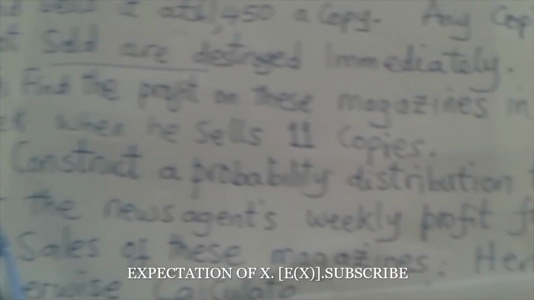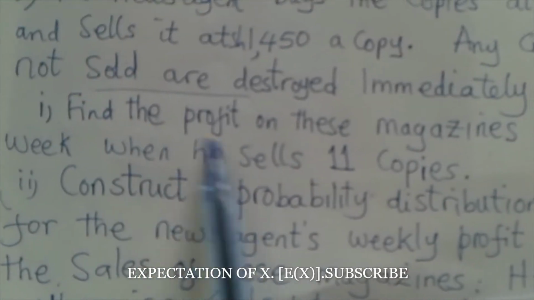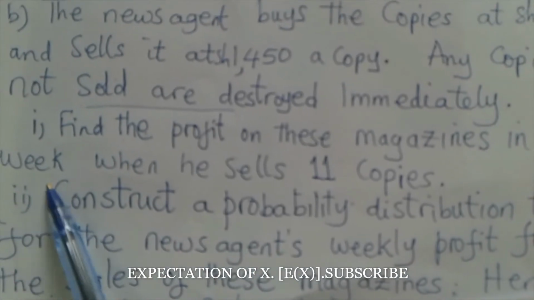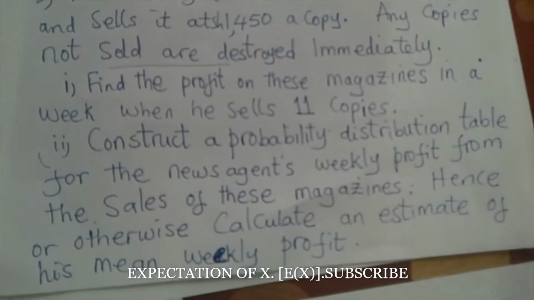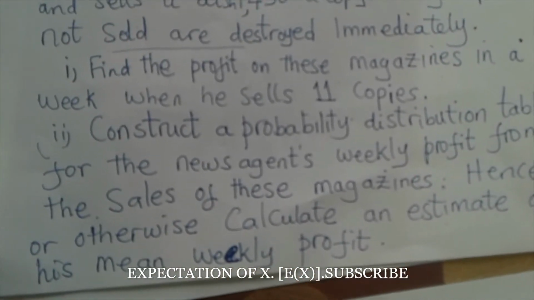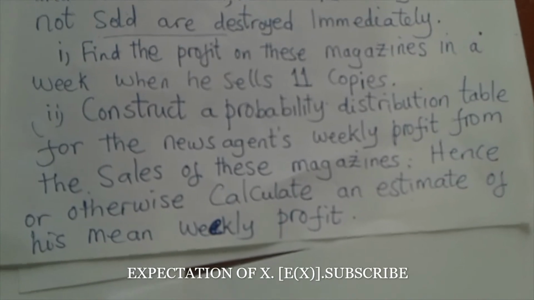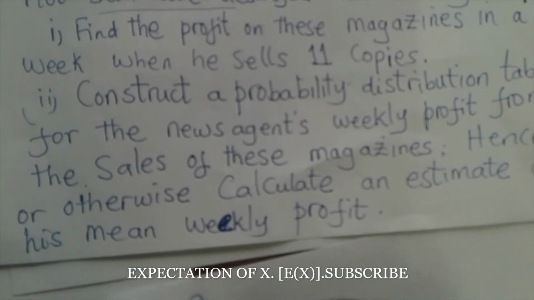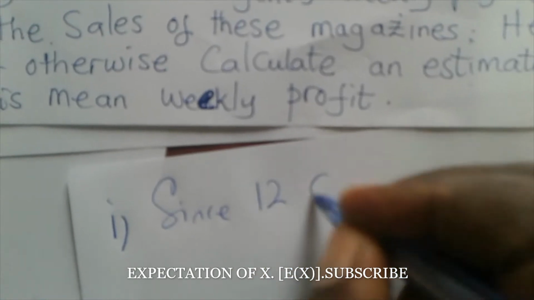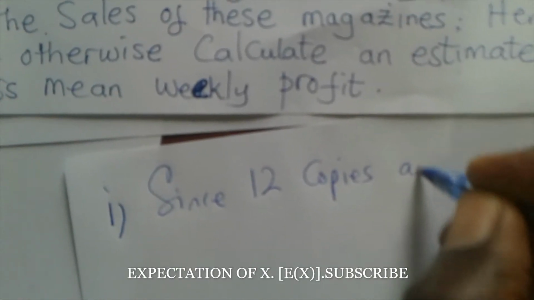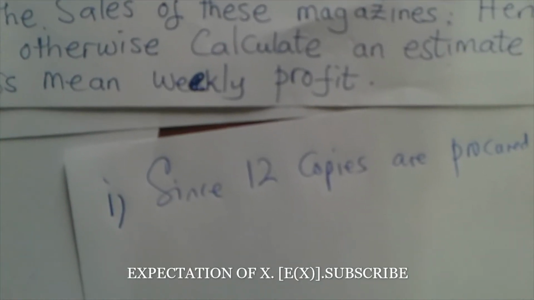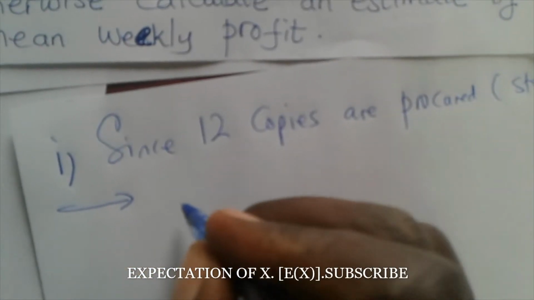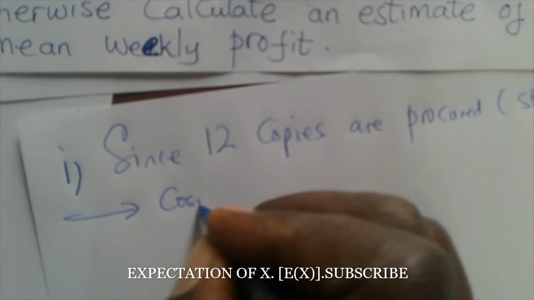Therefore, the question, Roman 1: find the profit on these magazines in a week when he sells 11 copies. They want profit. And that is Roman 1. Since 12 copies are procured or stocked, then we need what you call the cost price.